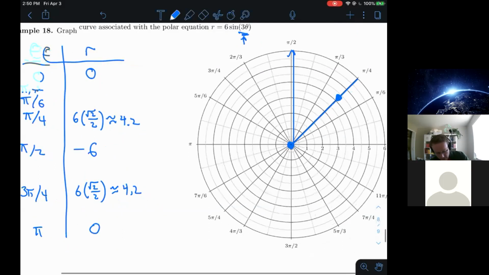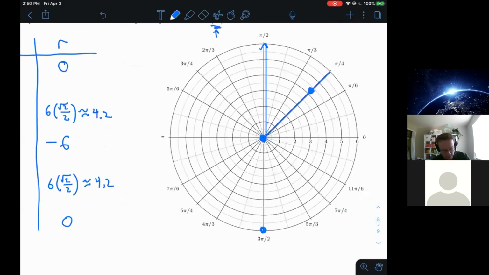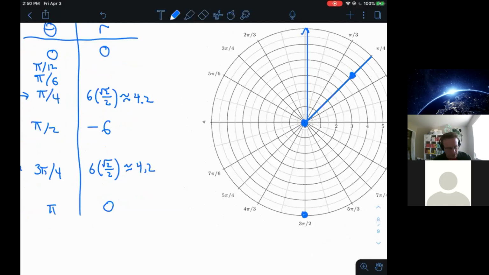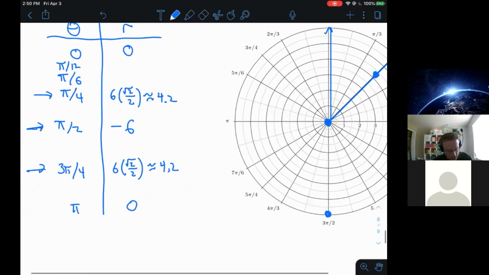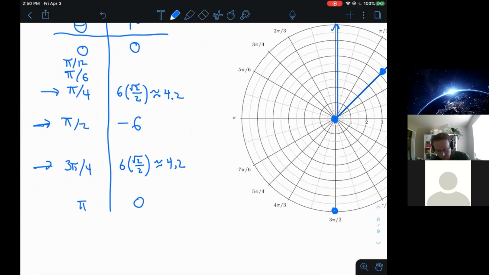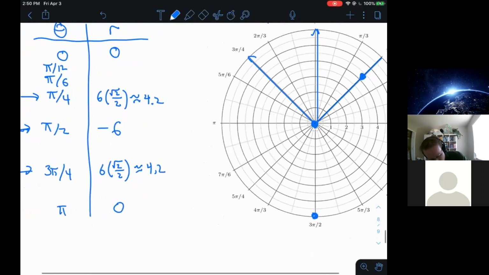So -6, that's all the way down here. So backwards. If I'm looking in the 3 pi over 4 direction, so in this direction, I need to go out 4.2. So 1, 2, 3, 4, and change. And if I'm looking in the pi direction, I need to go out 0.